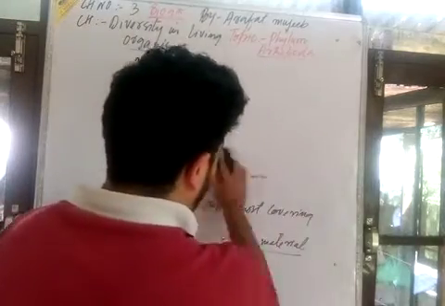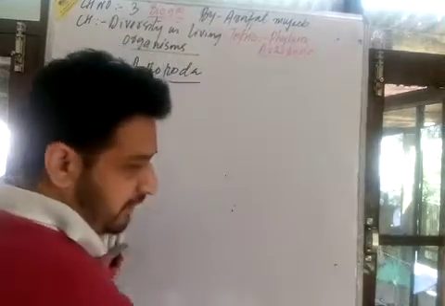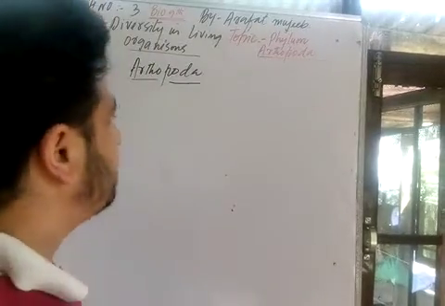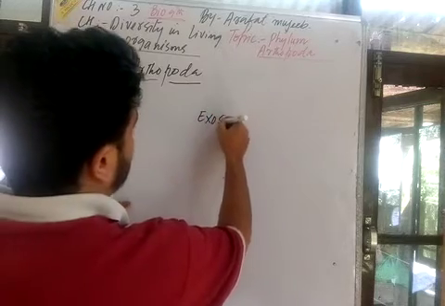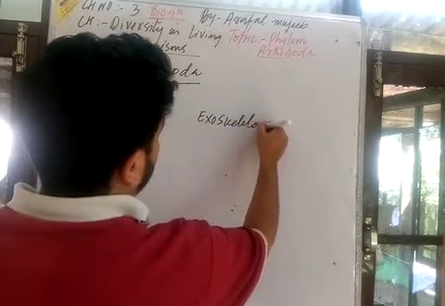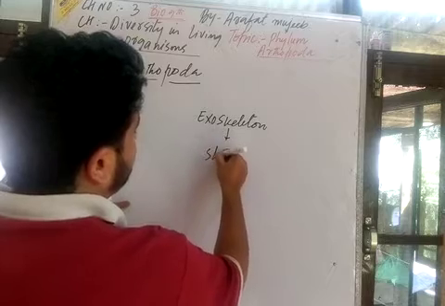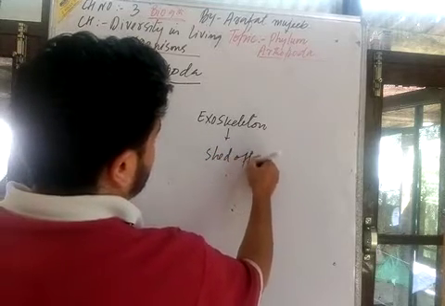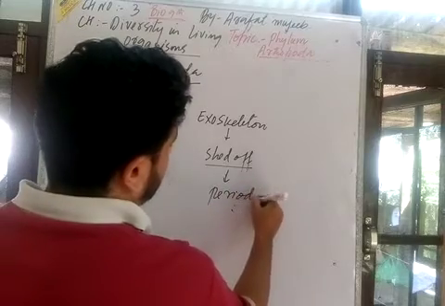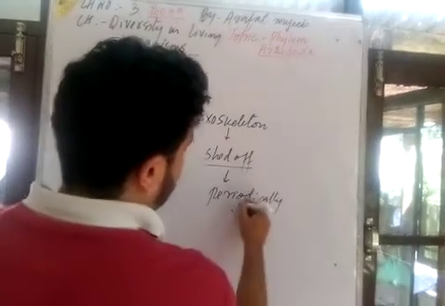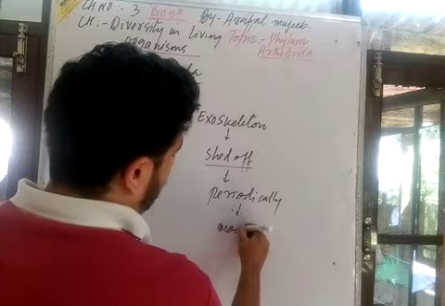It is important. And this exoskeleton they timely shed off. जो इनका जो exoskeleton होता है body surface पे, they shed off periodically, which is known as the process of molting.